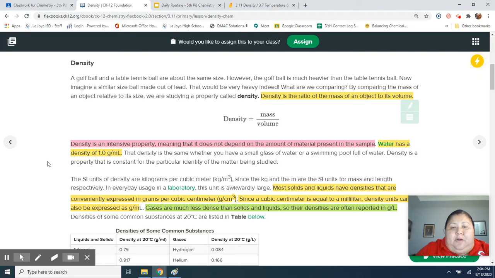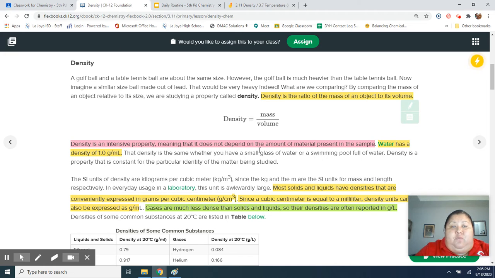But what an intensive property is, it is not mass dependent, okay? Density is something that doesn't change depending on the volume or how much you have, okay? It's not dependent on measurements, okay? It's something that is a feature of all samples of that material, okay?